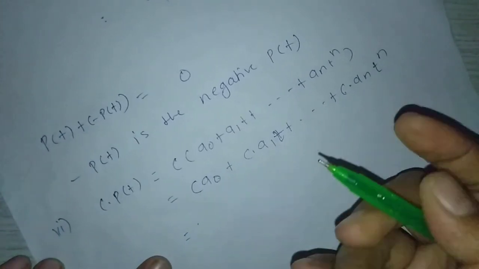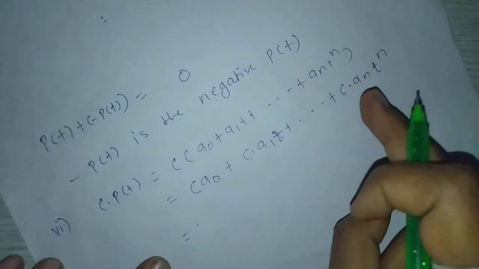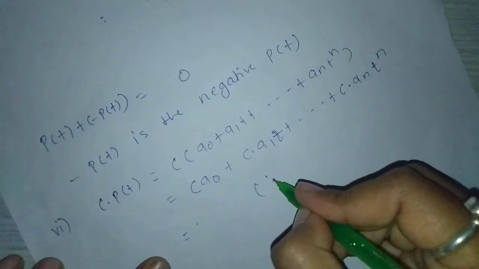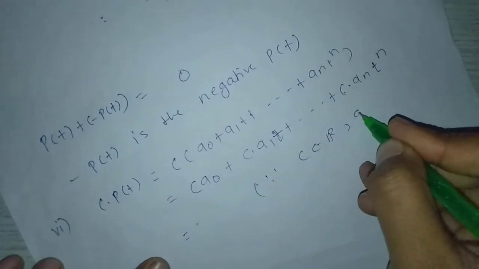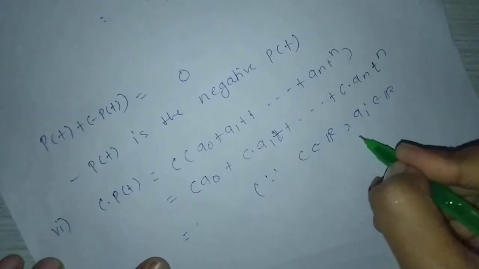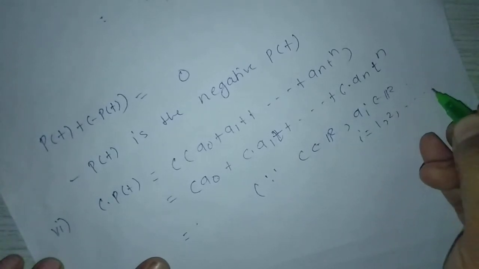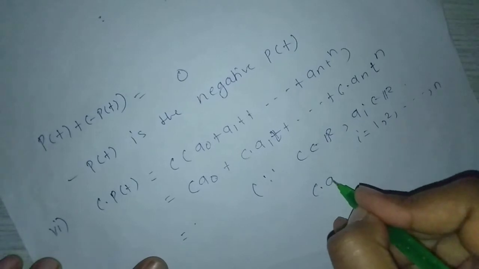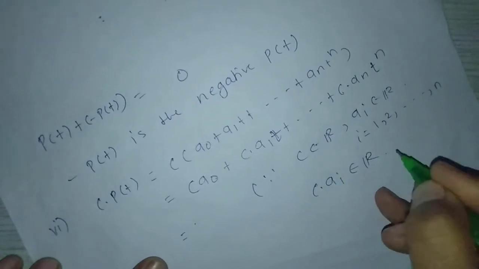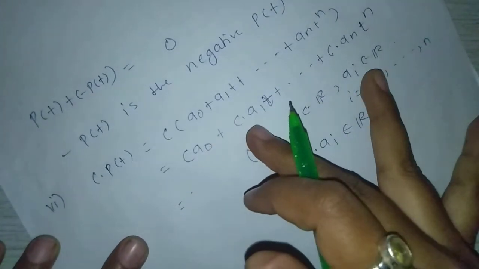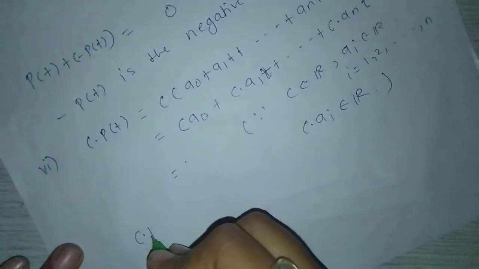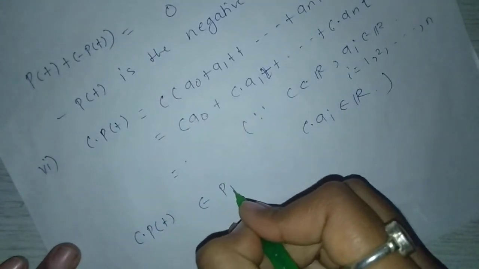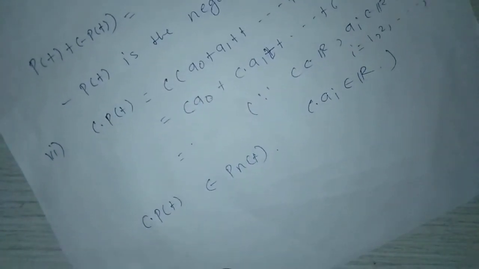C into a naught belongs to R, C into a1 belongs to R, C into an belongs to R, because C belongs to R, ai belongs to R, i running from 1 to n. So C into ai also belongs to R. So these coefficients belong to R. So C into P of t belongs to Pn of t.